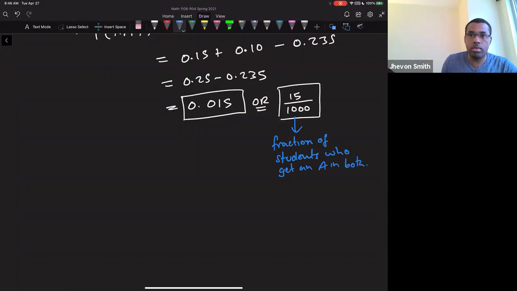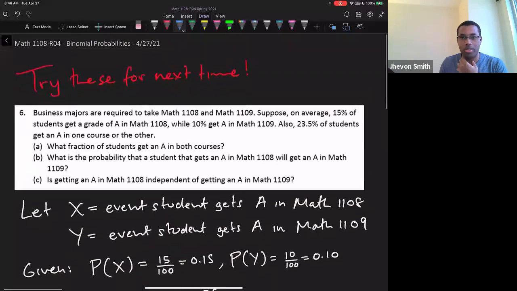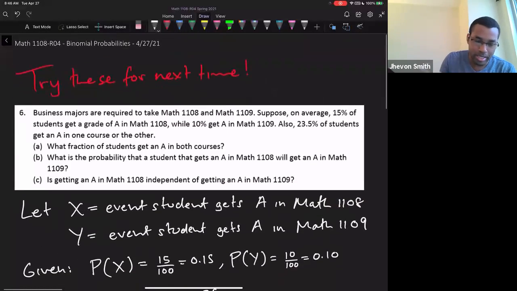So throwback there. I think the first day we started using formulas for probability, we learned that formula. It's a very important formula. Don't forget it. Let's move on to B.